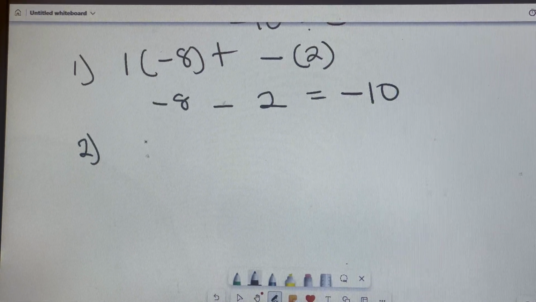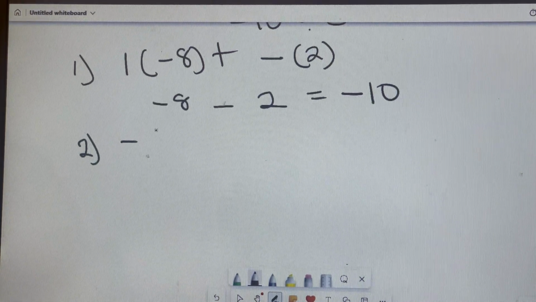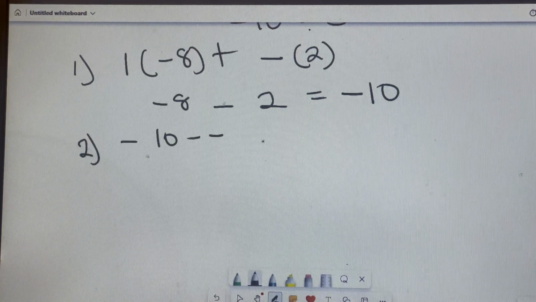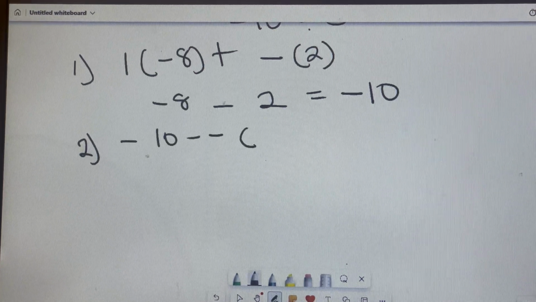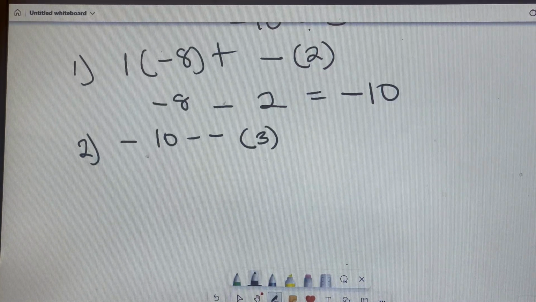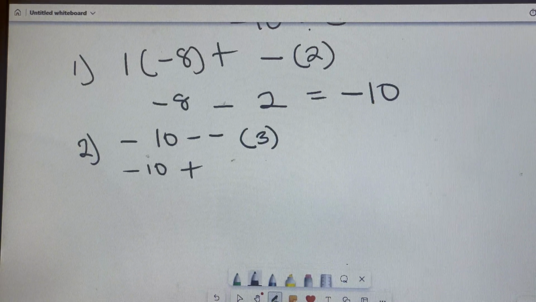Question number 2. We're given negative 10 minus negative 3. So what you're gonna do is bring down negative 10. Negative negative is what? Positive. Then you bring down 3.